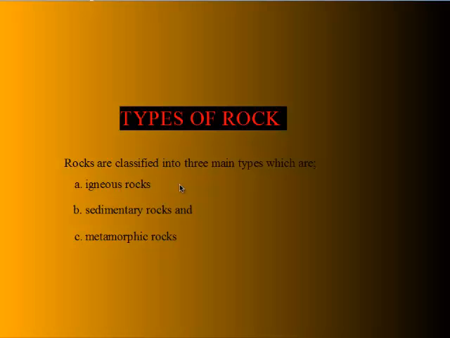So through how rocks are formed, rocks can be classified into three main types or groups, which are igneous rocks, sedimentary rocks, and metamorphic rocks. Don't forget, we said we have classified these rocks based on how they are formed.